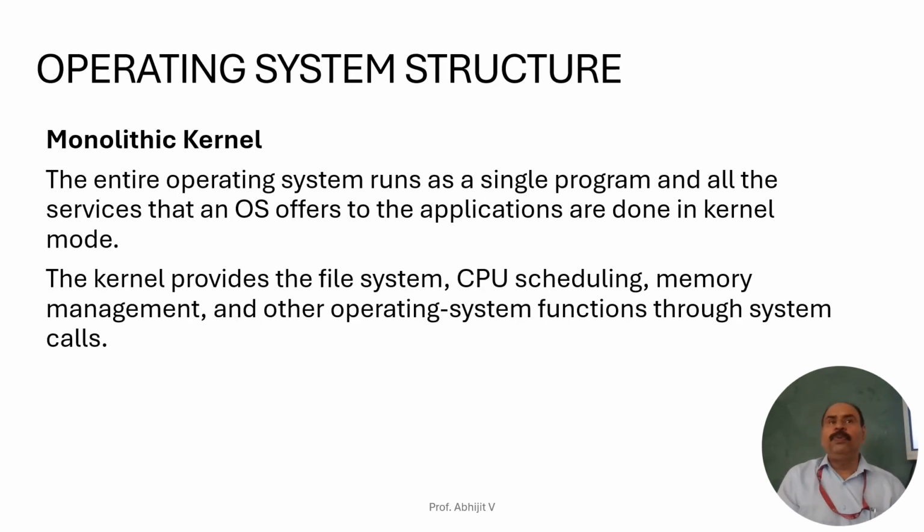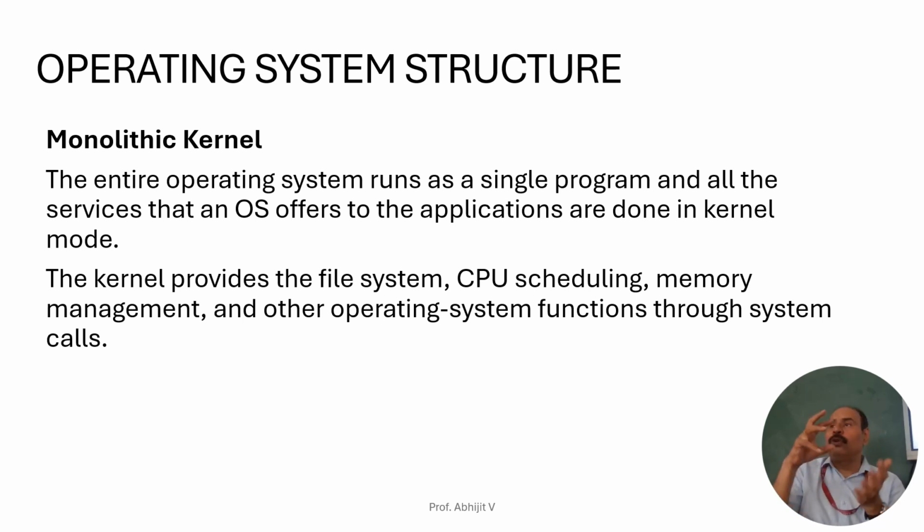Next is where we are going to start the topic called monolithic kernel. What is meant by monolithic kernel? There are different types. The first one is monolithic kernel. The second thing we'll be studying is microkernels. In a monolithic kernel, the entire kernel is stored as a single piece of software.